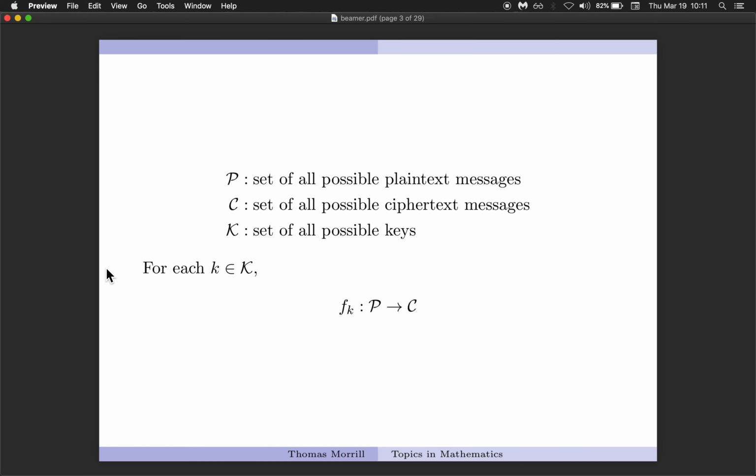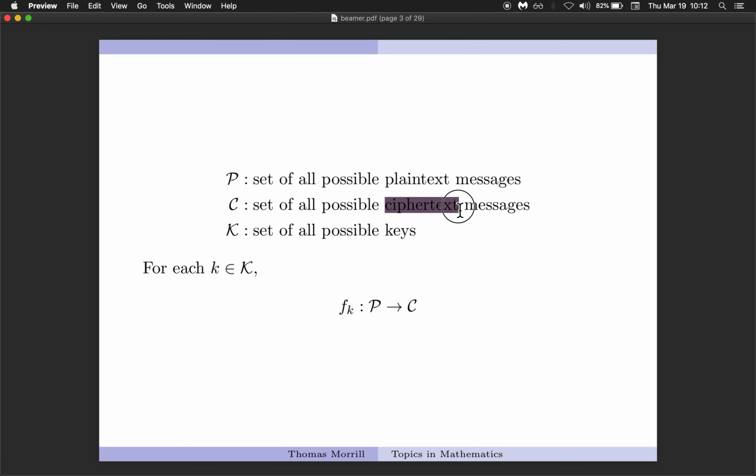So remember that when we're talking about a crypto system, our core idea is that we have some message that we want to send. We call that the plain text because that is human readable. If I could just give you a sentence, you can read it. Our encryption system is going to turn this into some other kind of message that is just complete nonsense to an outside observer.